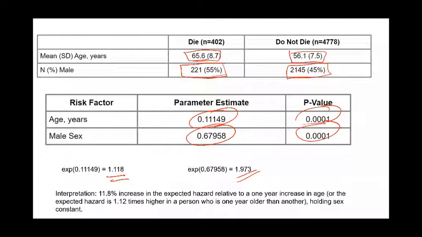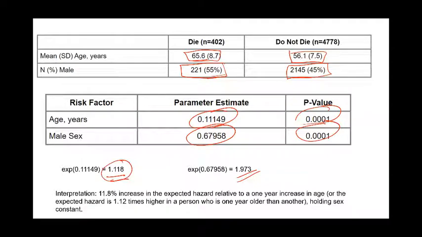So if we take death, keeping the sex as constant, and if we just see how age is influencing death, we can see a parameter estimate of 0.1149, which exponentially equals 1.118. So this is the hazard ratio.